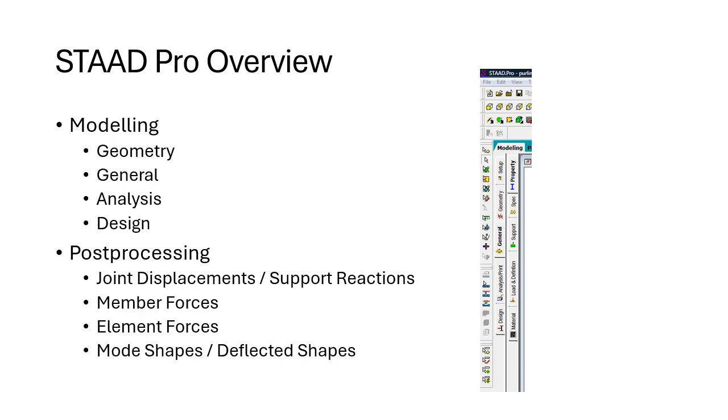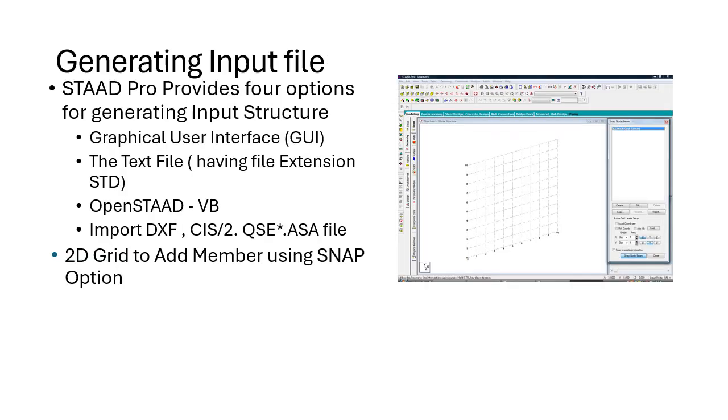So now let's move to the next slide, and we can give commands for post processing, like print for me joint displacement, support reaction. So all the instructions which you give to STAAD, it will give in an output file. So this is a typical 2D interface.